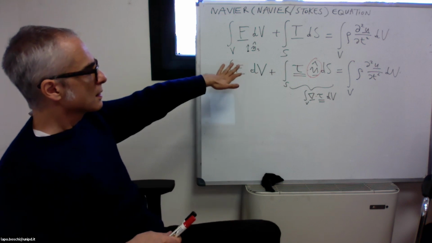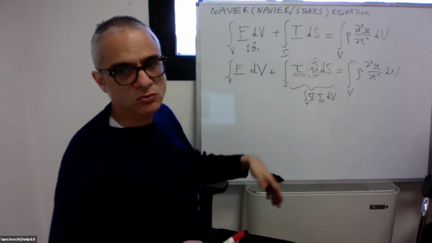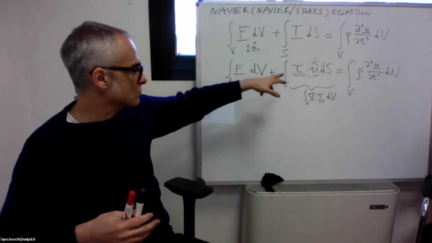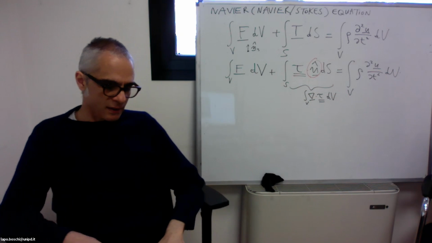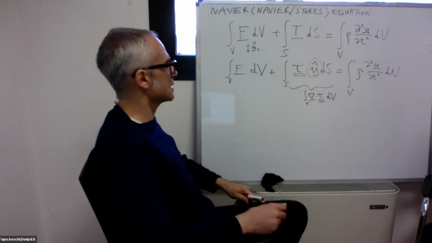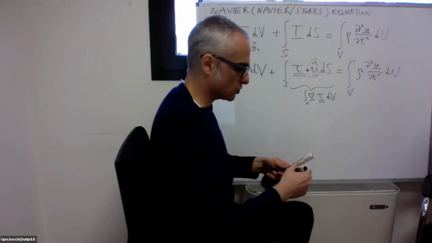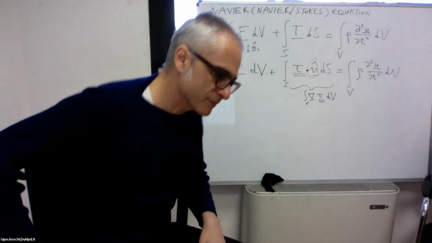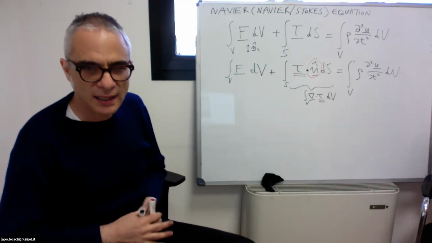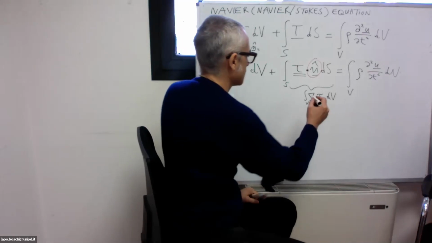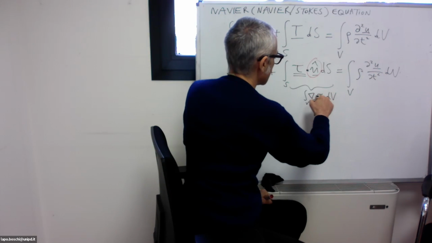Here I've chosen to use the vector notation. So I underline things once or twice to remind myself whether they are vectors or tensors, and I have to be careful with remembering what I mean if I use a dot product rather than a cross product or whatever. So here I have a dot product, and I have to remember to know what that is.